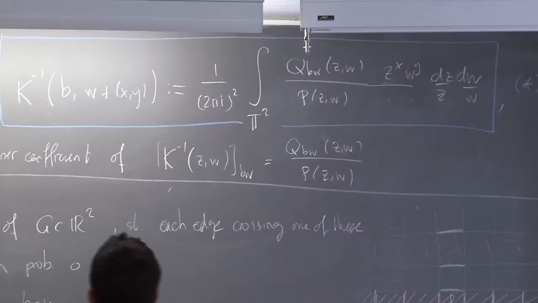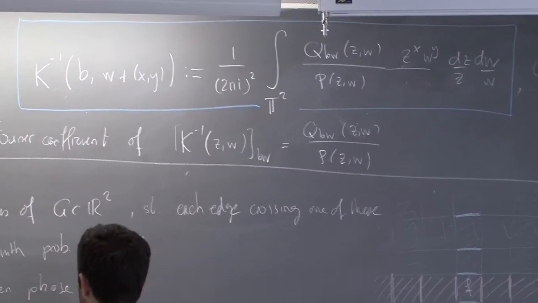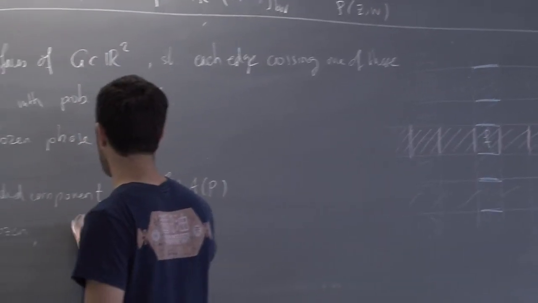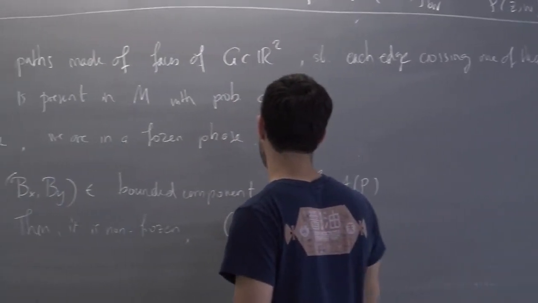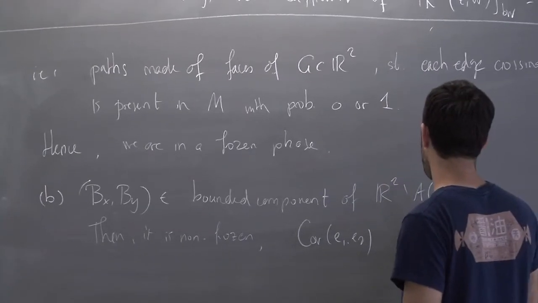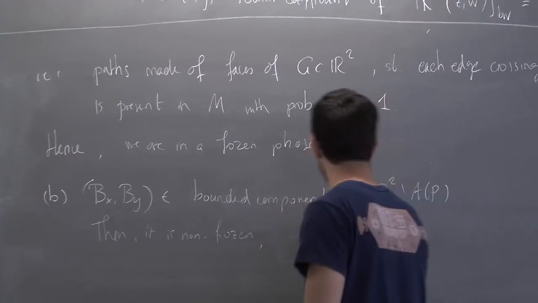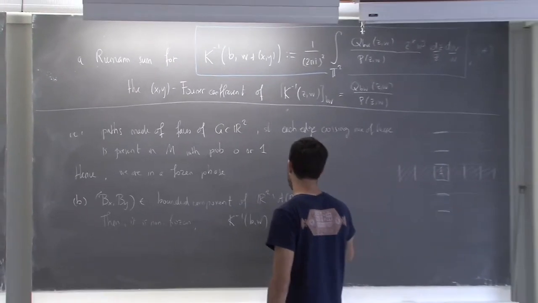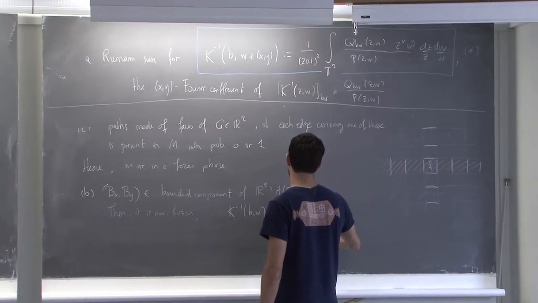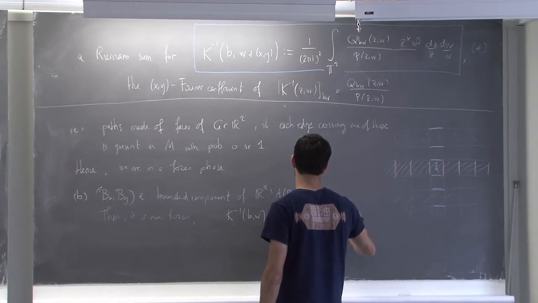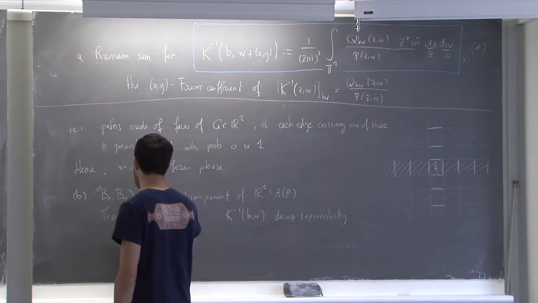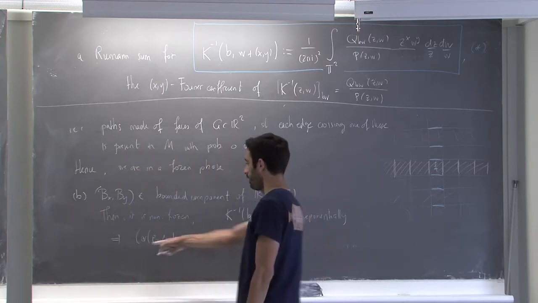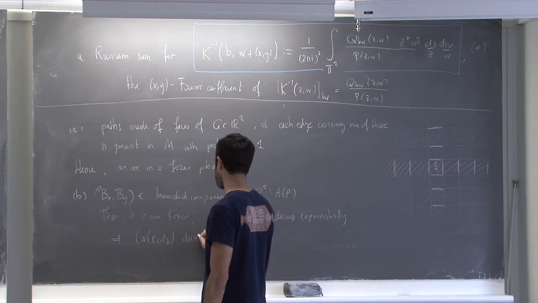So it is not frozen, and so the covariance decays exponentially. So first thing, this K inverse decays exponentially. This implies that by the equation I just erased that was here, these covariances also decay exponentially.